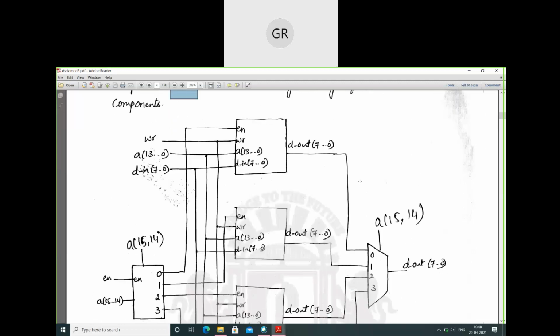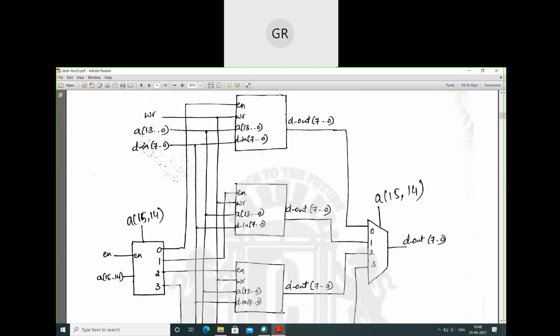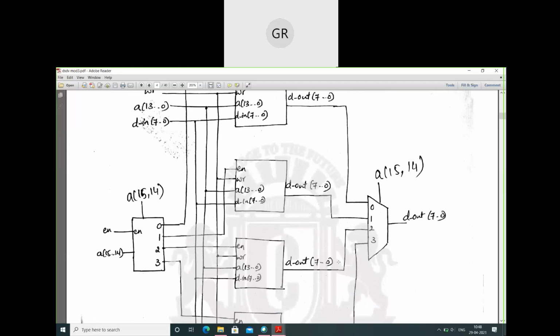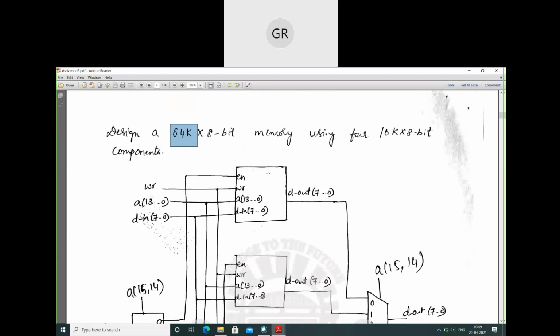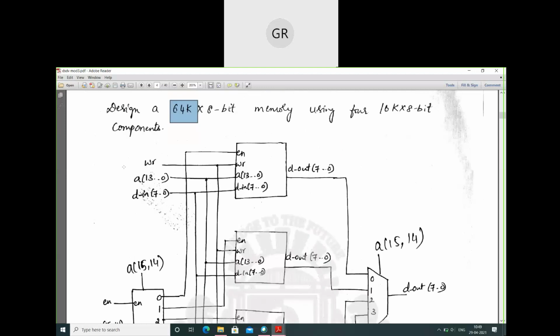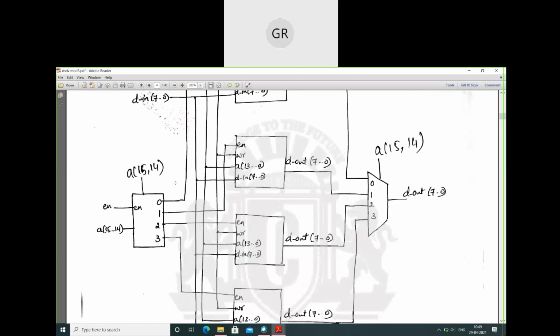Then what we can do here? From this memory block, we'll get 8-bit, from this block 8-bit, and also 8-bit from this block. The memory symbol is the same. Okay, write signal is there, address and the input.